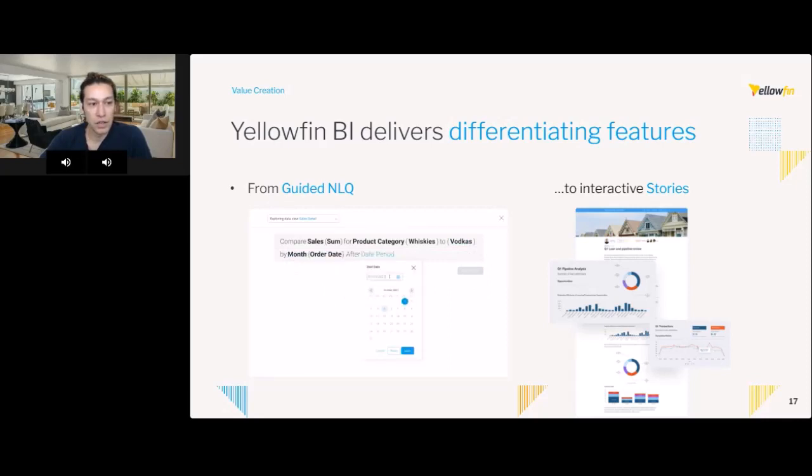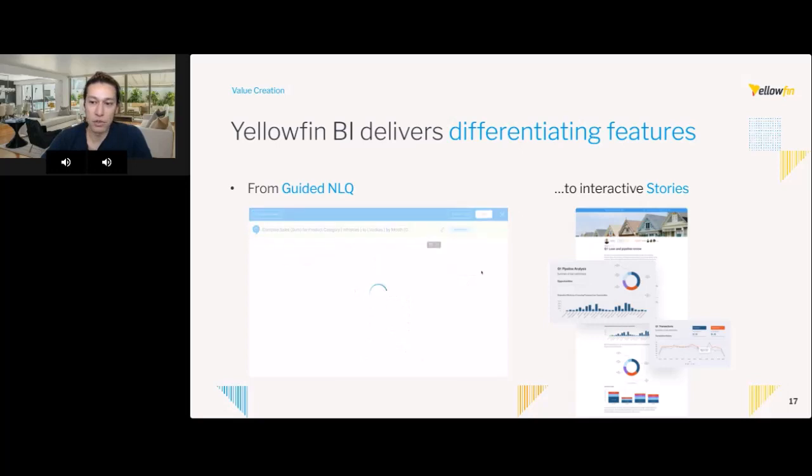We have something called guided NLQ, which in itself is a reason to upgrade from a legacy tool to a more modern embedded analytics tool. So guided NLQ is a feature within the platform that allows business users to interact with data using natural language queries and get instant results of visualizations.